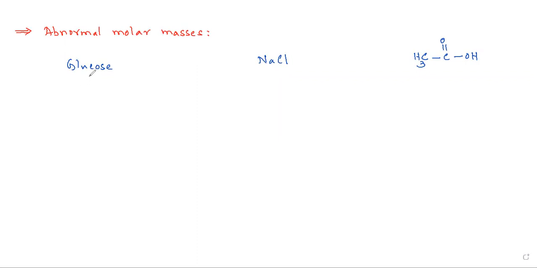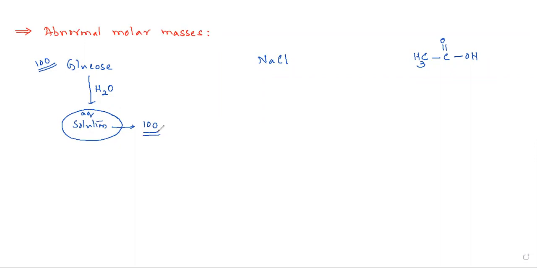Now, let us suppose 100 molecules of glucose are dissolved in water. The solution, whatever is formed, will have 100 molecules only.